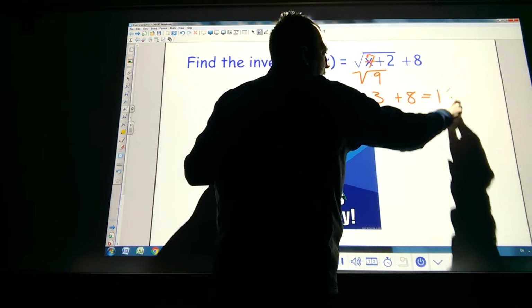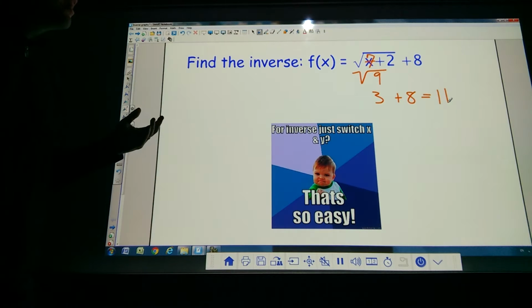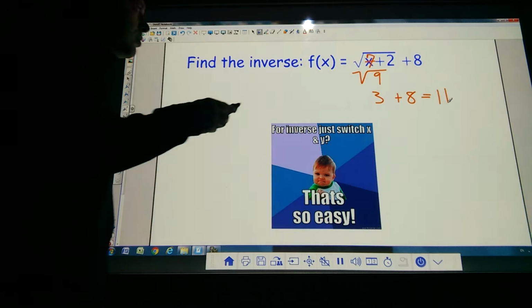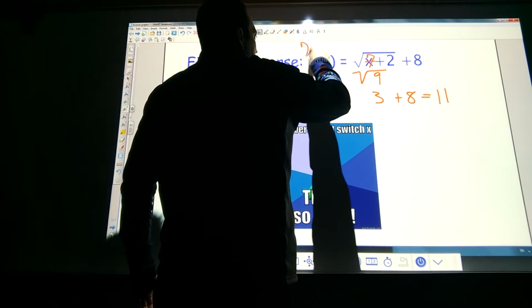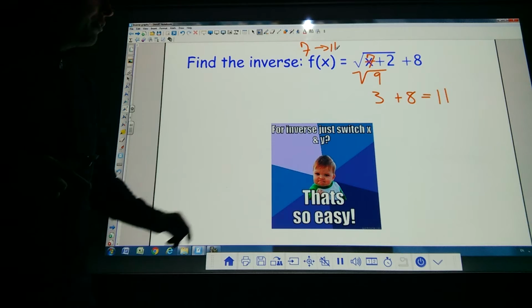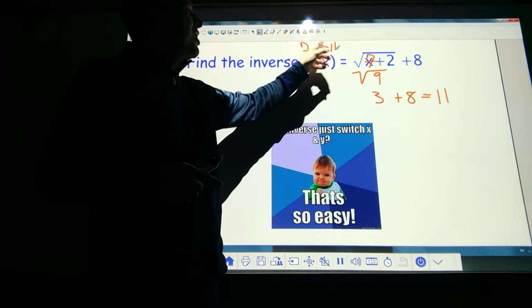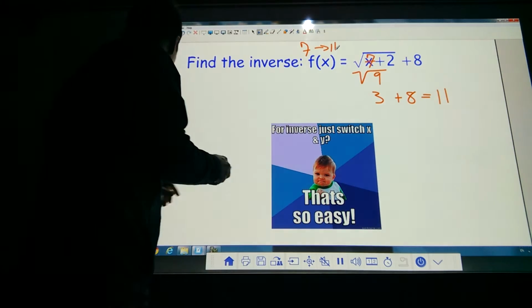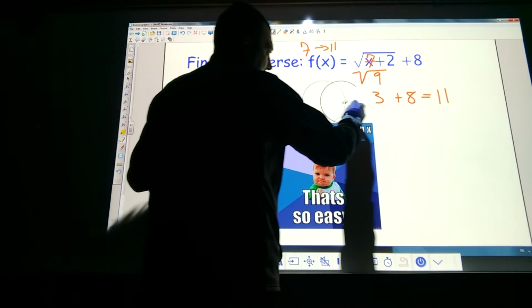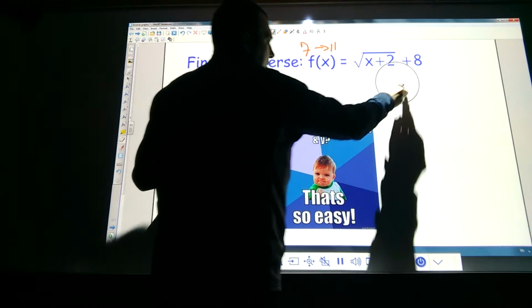If I plug in 7, I get 11. An inverse should be, if I plug in 11, I should get 7 back again. So, I can't really test over that, but I kind of wanted to tell you what it was.